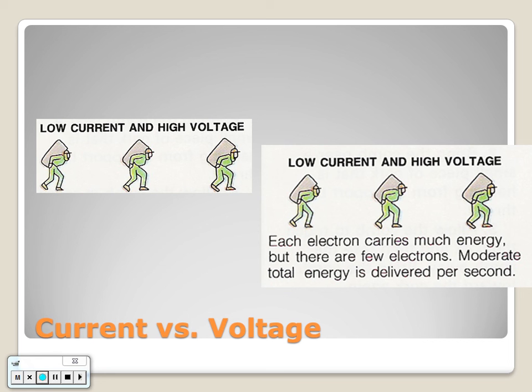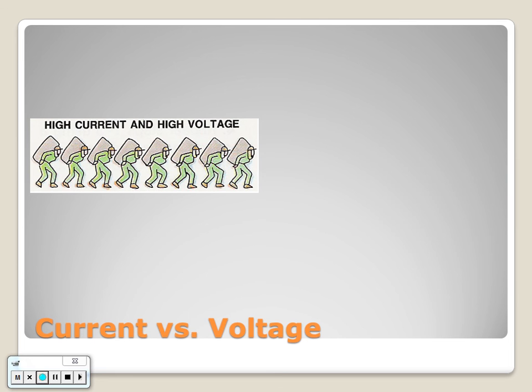But then this is where things start getting really dangerous. High current, high voltage. What does it mean if we have something that's high current, high voltage? A lot of energy per charge, and a lot of charges.